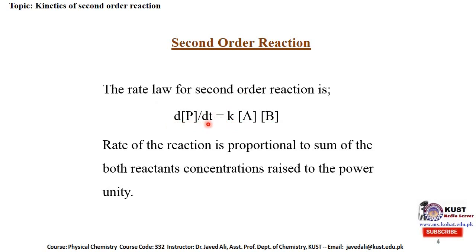dP divided by dt represents the rate of formation of product or change in concentration of P with respect to time. Rate of the reaction is proportional to both reactant concentrations raised to power unity.